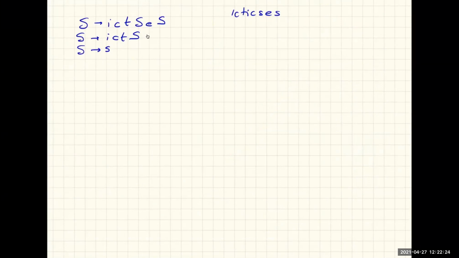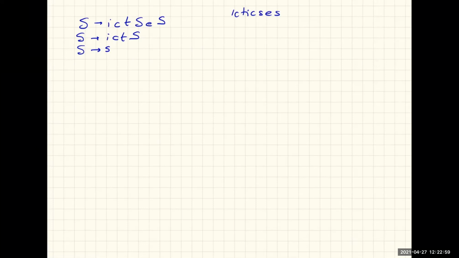Let me open my book so that I'm not changing the screen so violently, because otherwise it's more difficult for you and for me as well. So it's page 99, right?